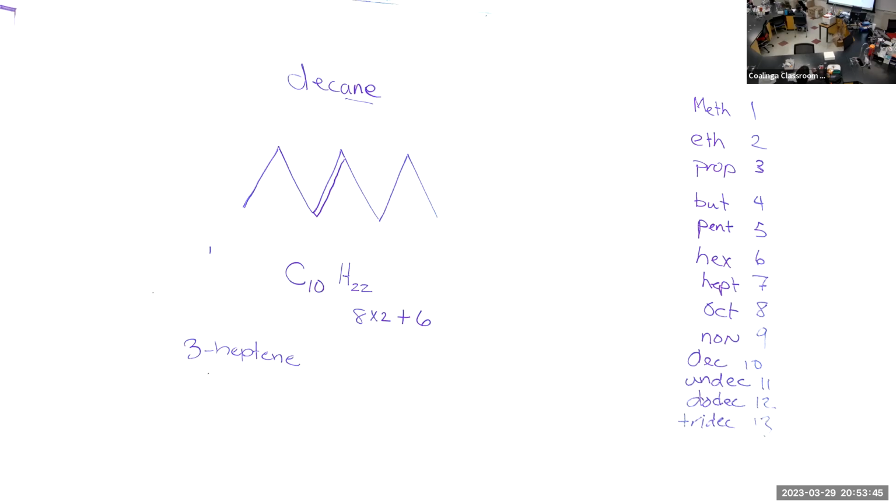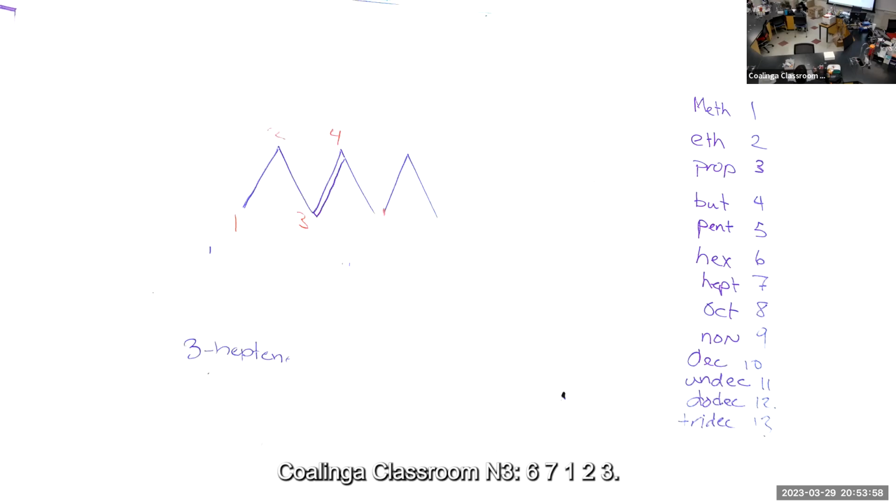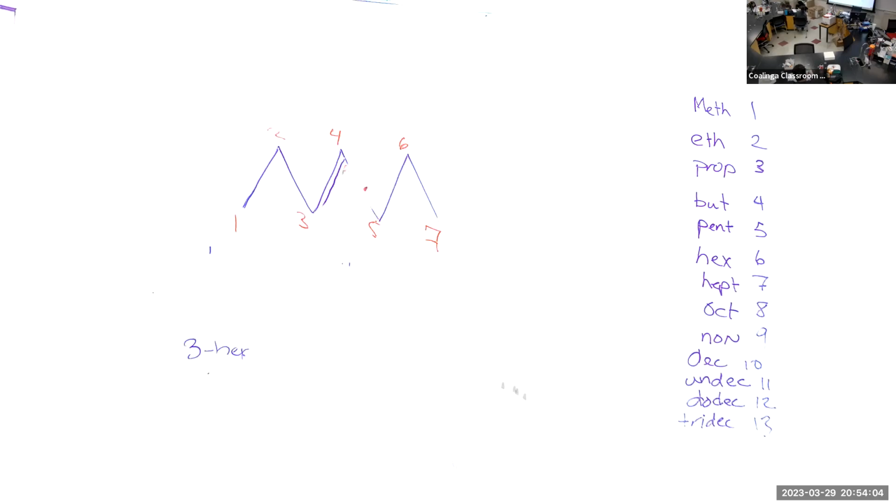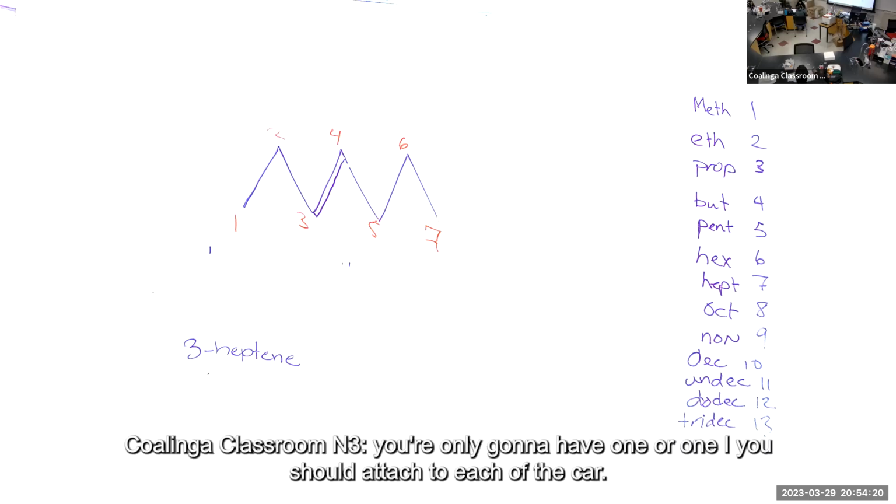So, 5, 6, 7. 1, 2, 3 on the third segment. That's where that starts. Okay, when there's a double bond, you're only going to have one hydrogen attached to each of the carbons where the double bond is.